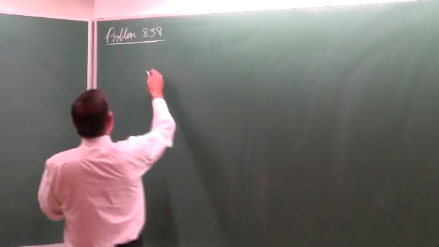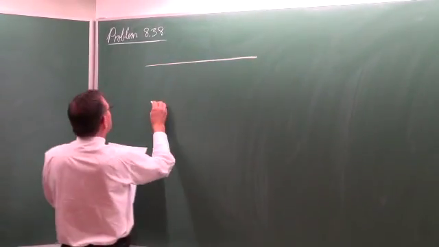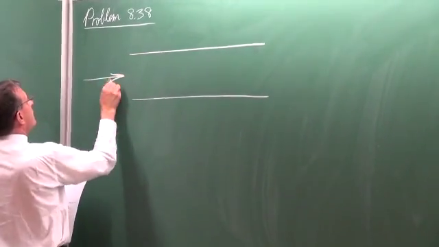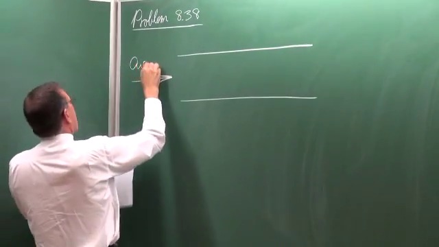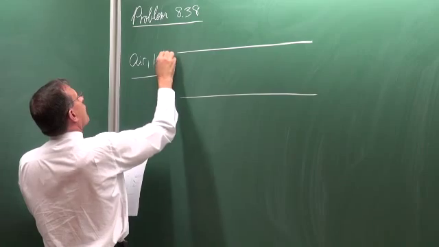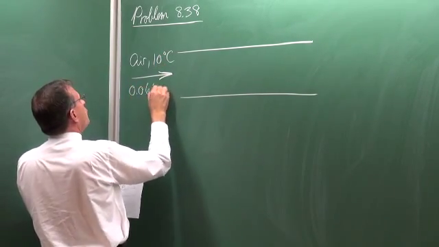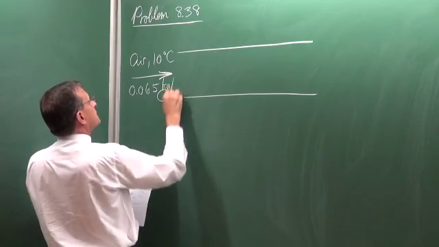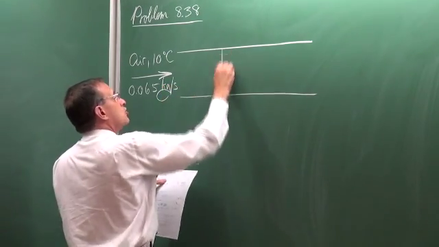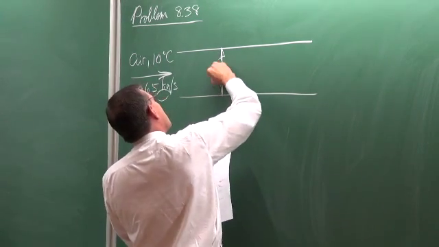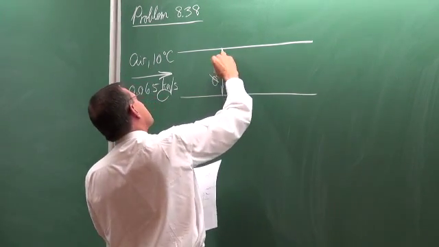Okay, so the problem, in summary again, there's our tube. It's air at the temperature of 10 degrees Celsius and a mass flow rate of 0.065 kilograms per second. The tube diameter is 120 millimeters.